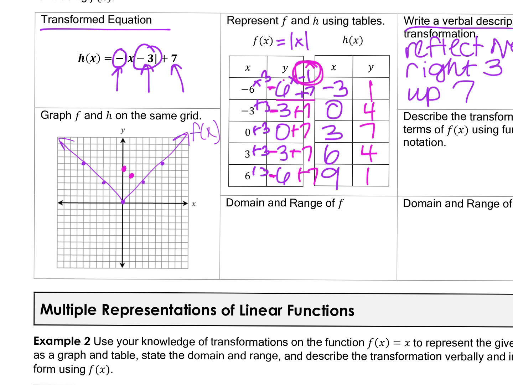I did not plot that. Let's go back. So let's replot these.